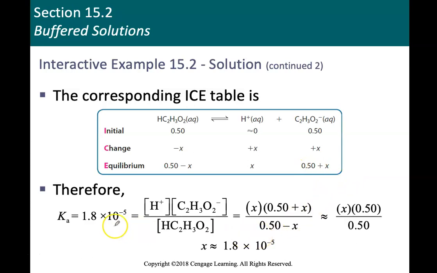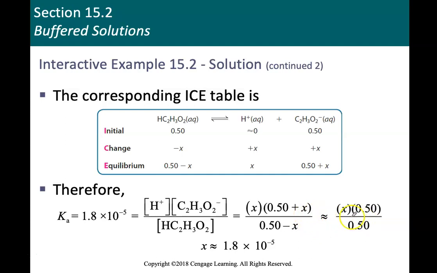Let's substitute that into the Ka expression. You get X multiplied by 0.5 plus X, divided by 0.5 minus X. Just bring that into the Ka equation. And now let's do that very important step. Assume that X is very, very small.